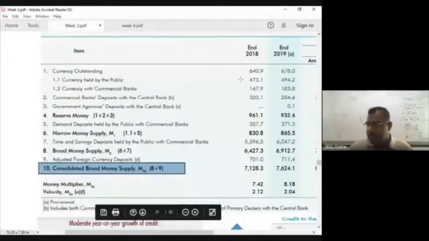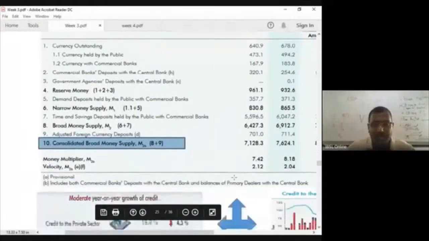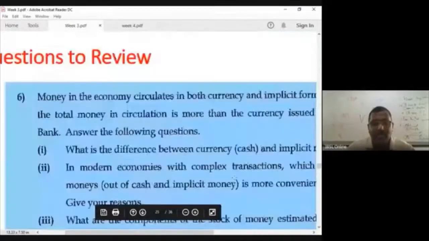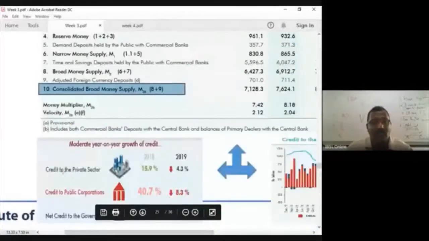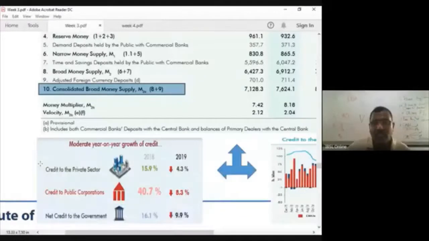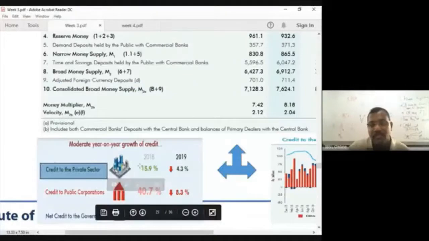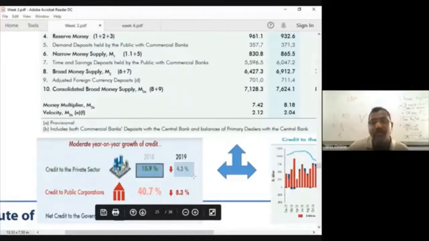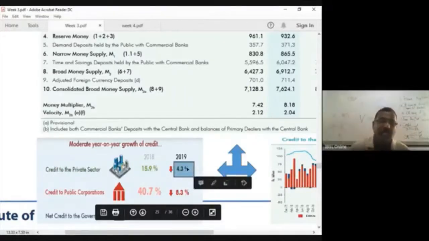So in this table, those numbers are given, and I just showed you how to calculate these last 2 items. And here, this is from the annual report. I told you last year's monetary growth numbers, and one of the important figures that we look at is credit to the private sector. If you look at these numbers, during the last 2 years, from 15.9 to 4.3, it has largely dropped.